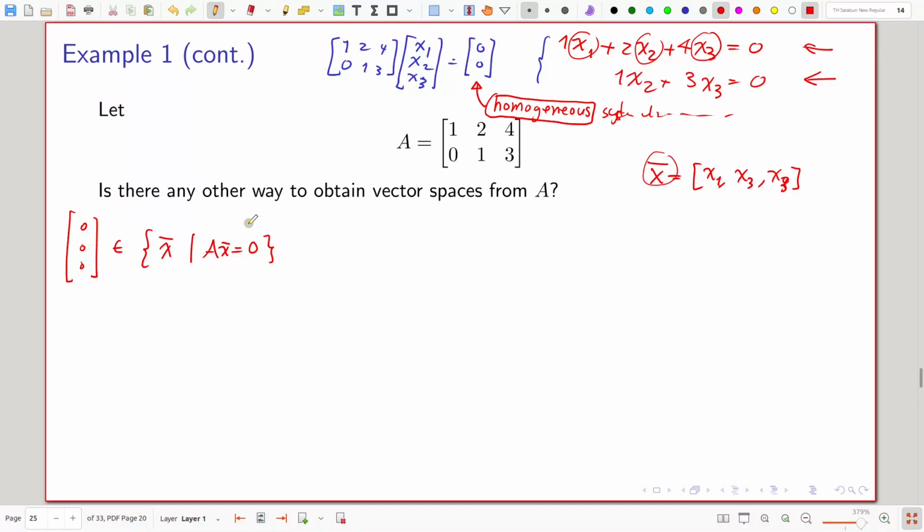Now when you have x2 and x3, you can plug into this equation and compute x1. So there's one variable that you can set. You can set x3 to be anything, and the other variables change their values depending on x3. So it has infinitely many solutions because you can pick x3 to be anything.